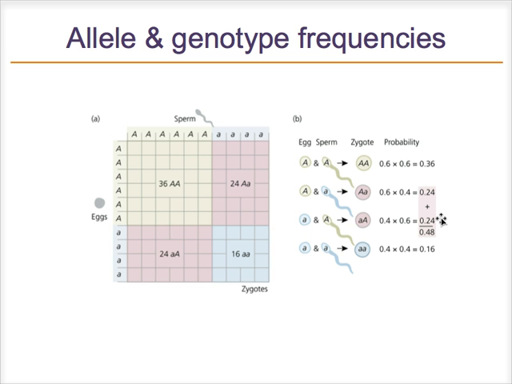There is no difference. So I can add these two probabilities together for the total probability of a heterozygote of 0.48, or a 48% chance that this gene pool will give rise to a heterozygote. Notice the advantage of the probability method is that I have fractions.